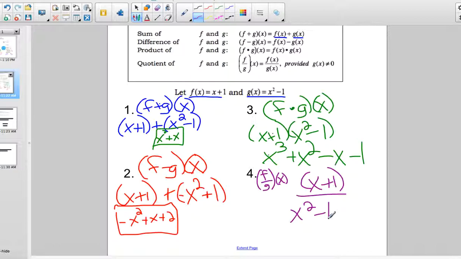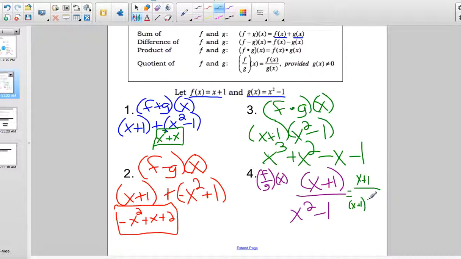But whenever you have the division, you always want to look to see if you can take it further, and you can, because the numerator is still x plus 1, but x squared minus 1 you can break up into x plus 1 and x minus 1.